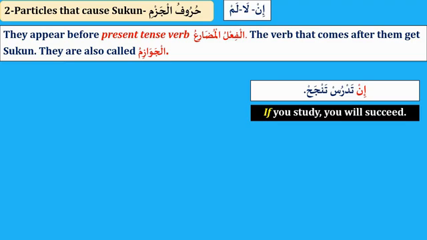If you study, you will succeed. As we see, in changes the harakah of both verbs to sukun. The first one is the conditional verb and the next one is the answer or reply to the condition. In tadrus tanjah. If you study, you will succeed.